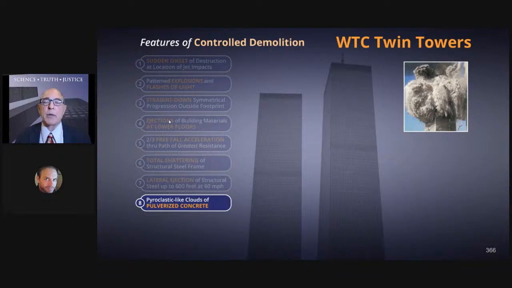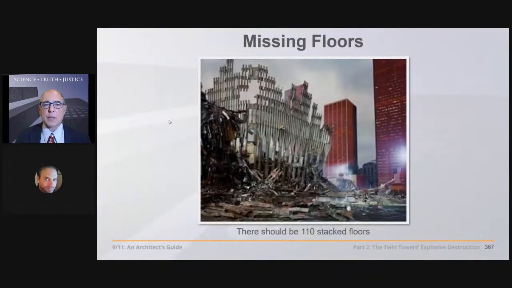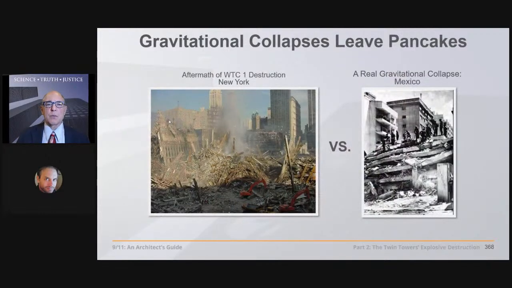At any rate, we would expect to find floors stacked up at the bottom in some fashion, but they're not there. On the left is the World Trade Center North Tower. On the right, a real pancaking collapse, a building that has visible floors stacked up outside.